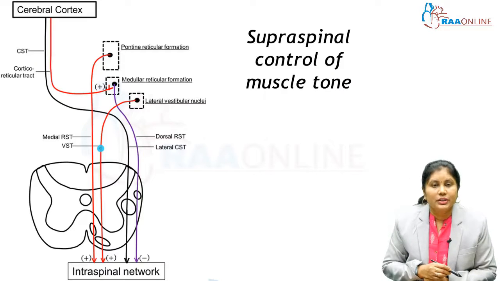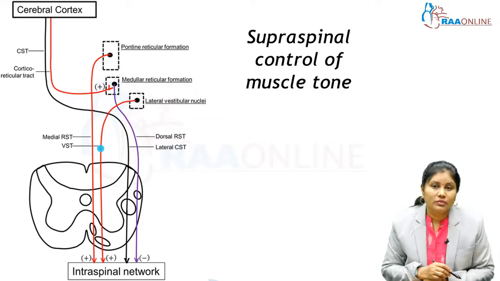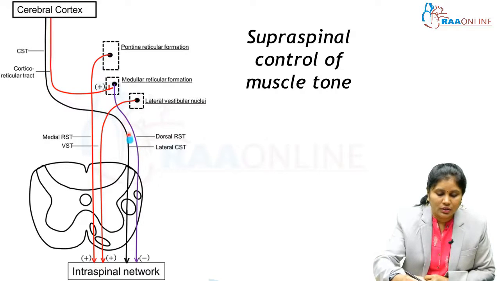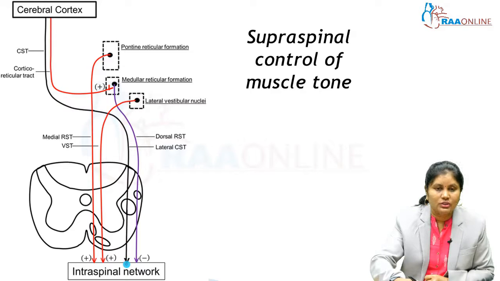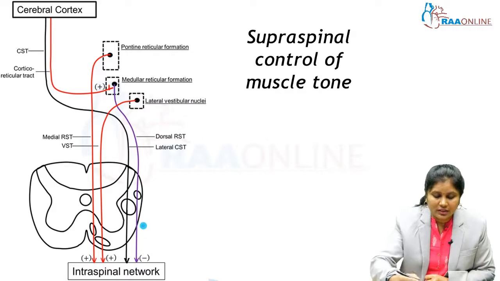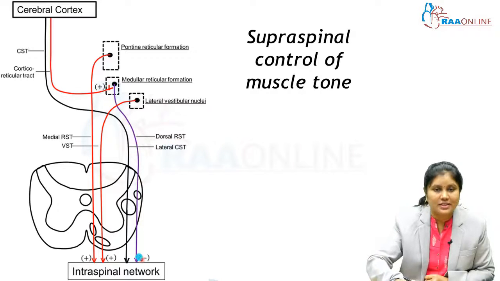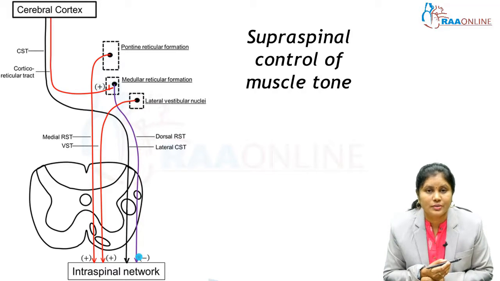So, this picture shows you the supraspinal control of the muscle tone. From the cerebral cortex we have the corticospinal tract which crosses the midline and ends in the spinal cord. Mostly it is inhibitory in nature. And one other inhibitory influence is the medullary reticular formation. This is the dorsal reticulospinal tract. Via this, it inhibits the spinal cord, that is the alpha motor neurons.